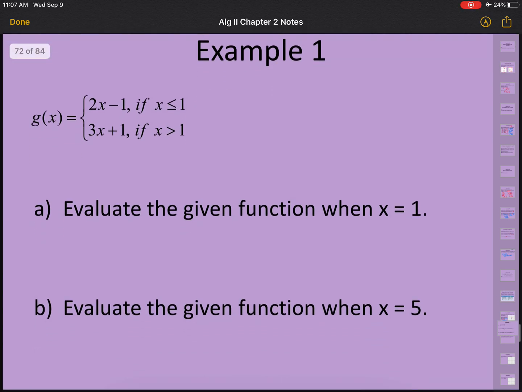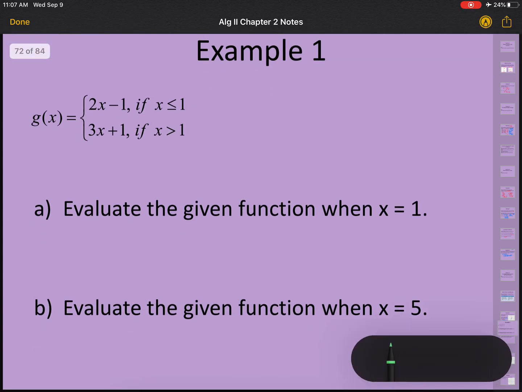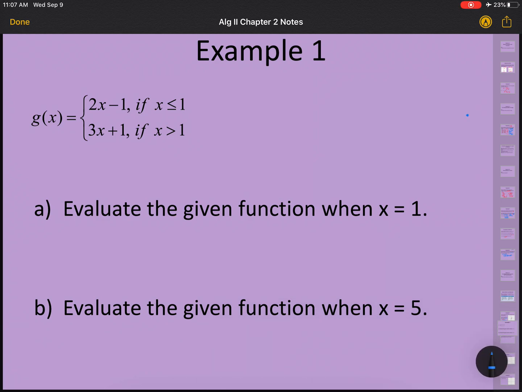So for example, it says evaluate the given function when x equals 1. So your domain here is when x equals 1. Well, if I look back in my original equations, my domain is restricted to being less than or equal to 1, or if I'm greater than 1. Well, this says equal to, so I'm going to use this first one.